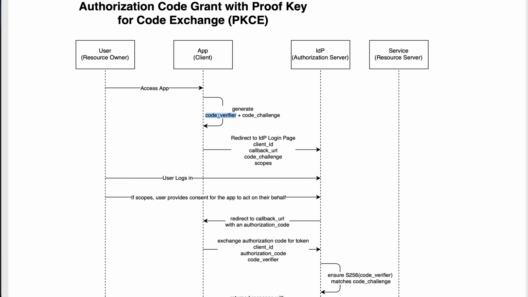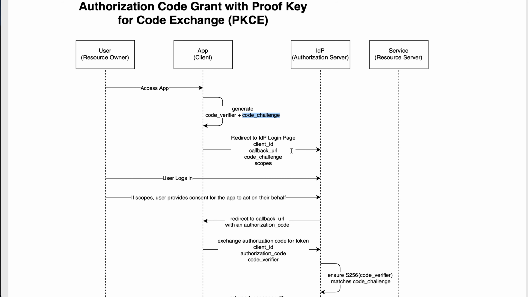And then what it would do is hash that, for example with a SHA-256 checksum, and create a code challenge. But it keeps that code verifier locally in memory or session storage or something like that.